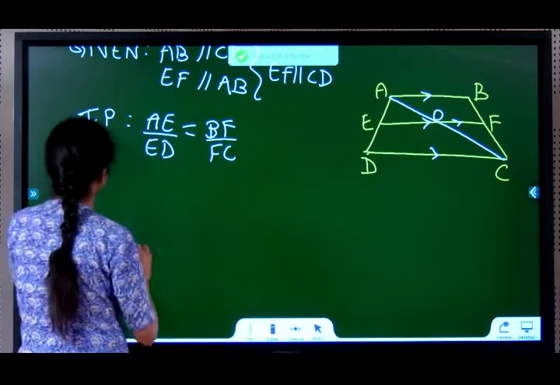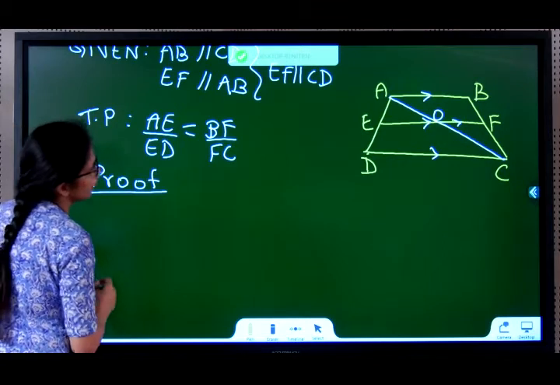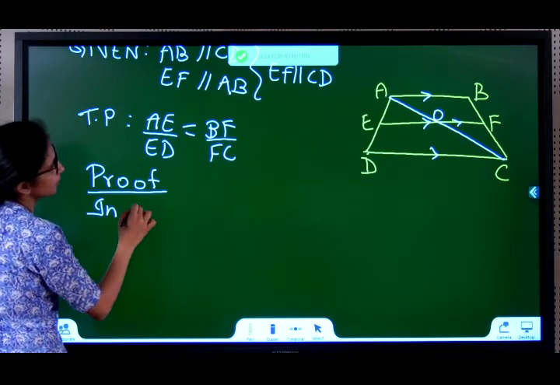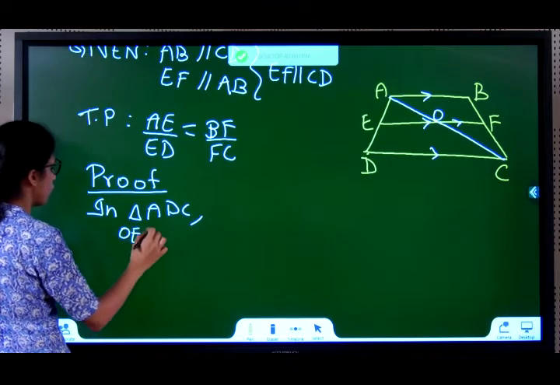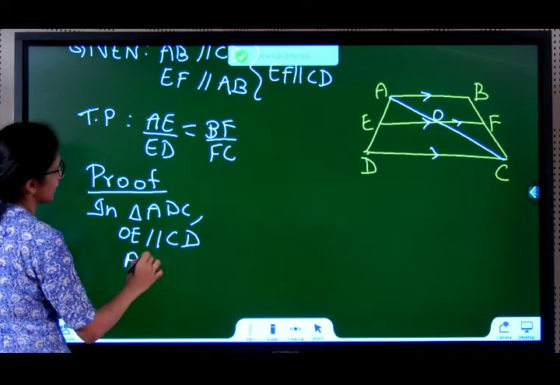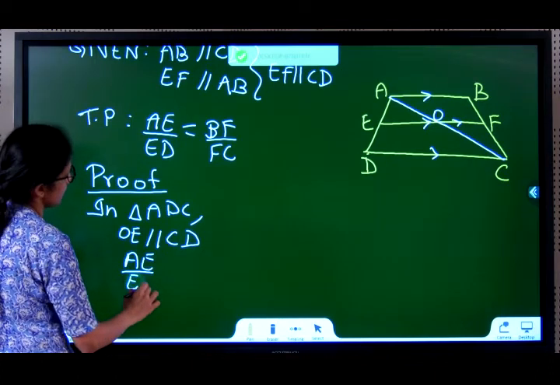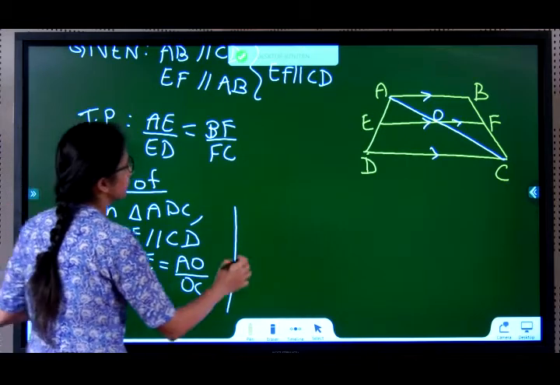Both of them have AO, OC common, equate it, you get the answer. So let's start. In triangle ADC, OE is parallel to CD. So I can say AE by ED is equal to AO by OC.